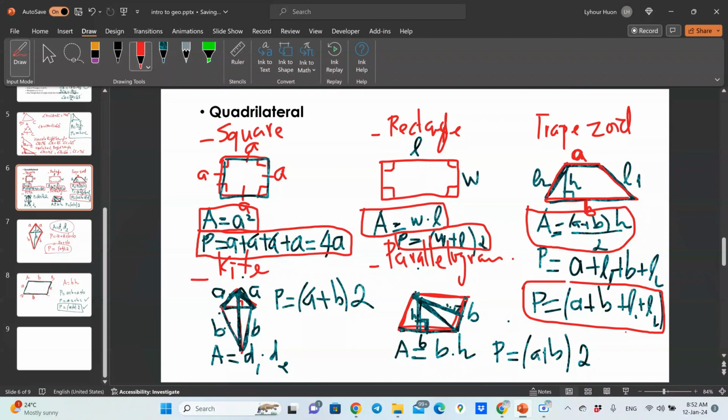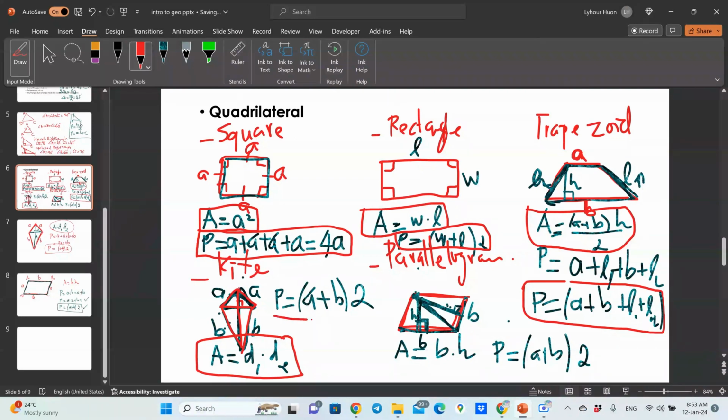A plus B plus L1 plus L2, where L1 is the length from here to here, and L2 is the length from here to here. Okay. And D1 and D2 are the diagonals, where D1 is the smaller diagonal and D2 is the bigger diagonal.